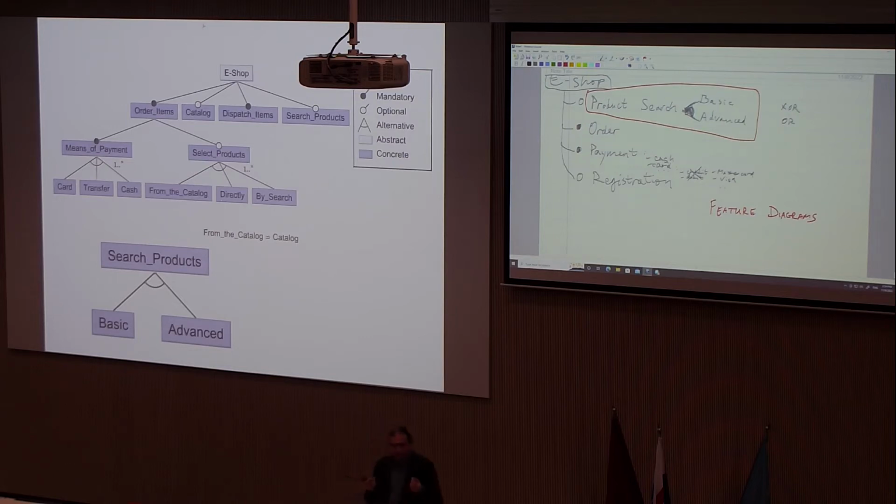But you're not usually using them to express the state of your one application, but the state of the family of applications. So any of the applications in your family can include from the catalog directly and by search, and inside you can switch or not.